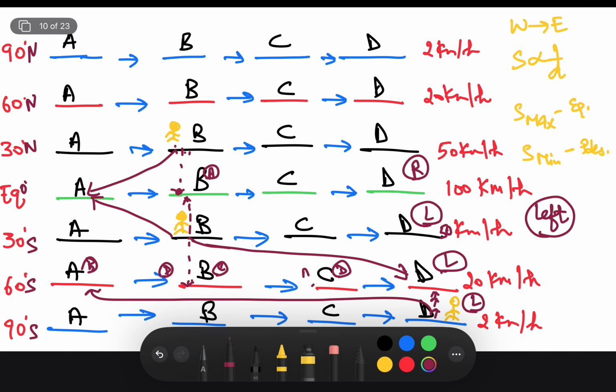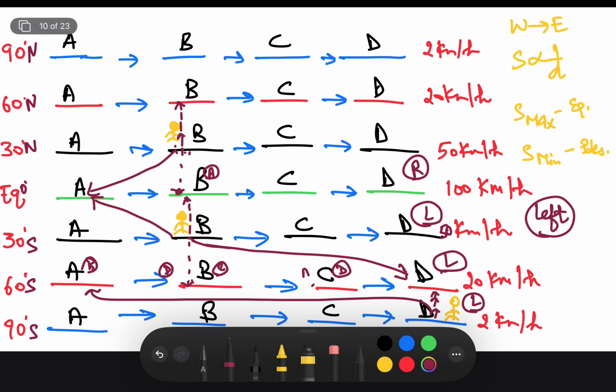Now, in case of the northern hemisphere, we have seen that between the equator and the 30° north, the deflection is toward the right side. Now, if the same person on the point B tries to go to the 60° northern latitude, he wants to be there. Now, when he reaches the point B, because of the rotation of the earth, places will get replaced.